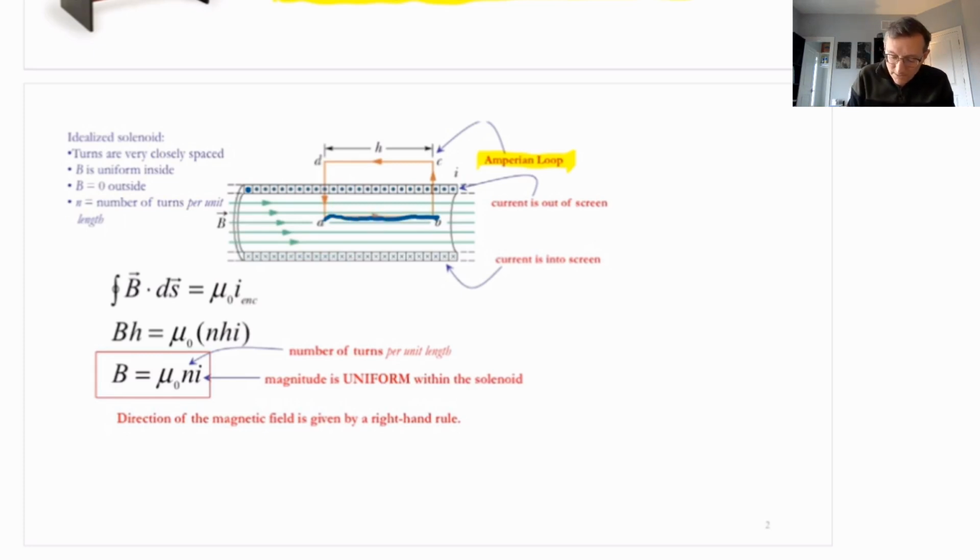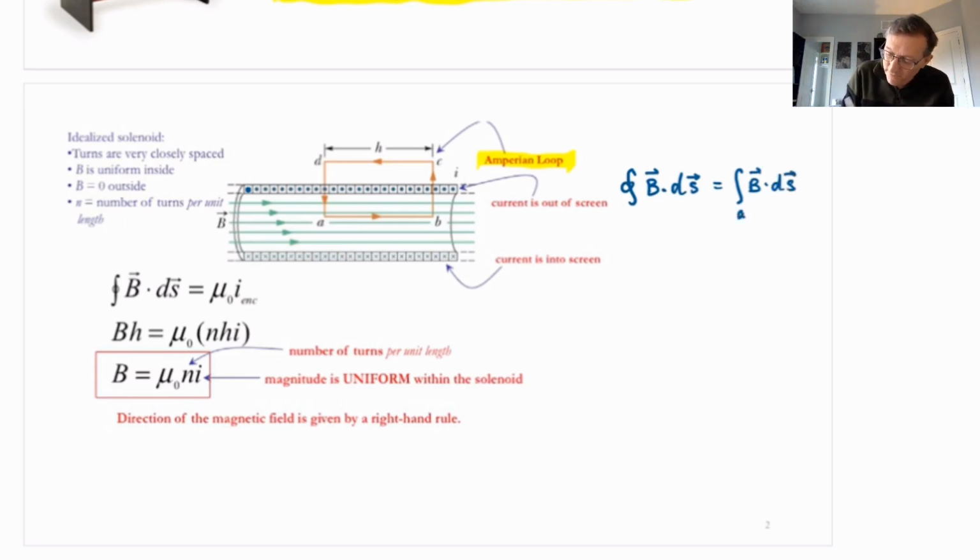All right, so we start, if we're going to apply Ampere's law, by writing down a symbolic expression for the magnetic circulation around that Amperian loop. And since it's a rectangle and it's got four sides, I find it convenient to break this up into four separate integrals. One integral of B dot ds along each side.